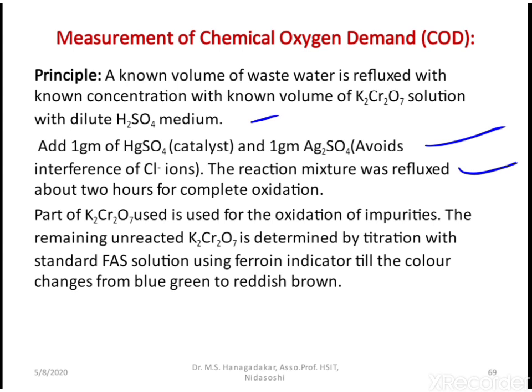A part of the potassium dichromate is used for the oxidation of impurities. The remaining unreacted potassium dichromate is titrated with standard ferrous ammonium sulfate solution using ferroin indicator until the color changes from blue-green to reddish-brown. That is the principle of COD determination.